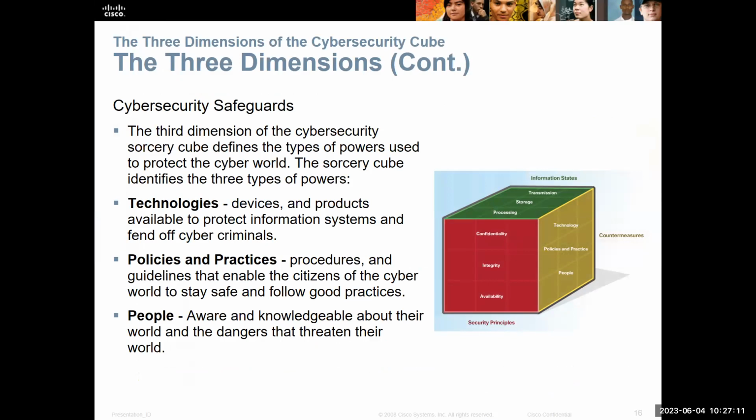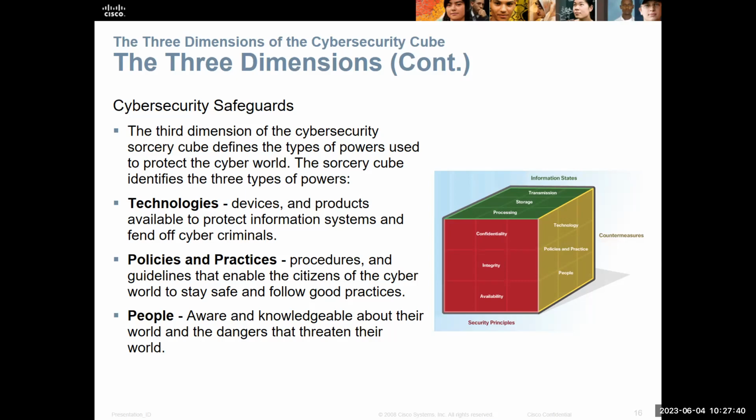If you look at the cube, those are the different information states that data could be in at every point in time. Data could either be in processing, meaning it is in the process between one application and the other, having already been created, or in a storage state, or in transmission.